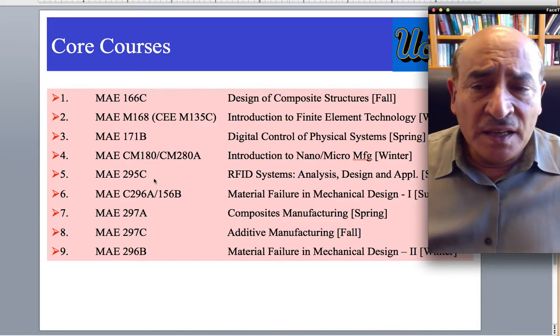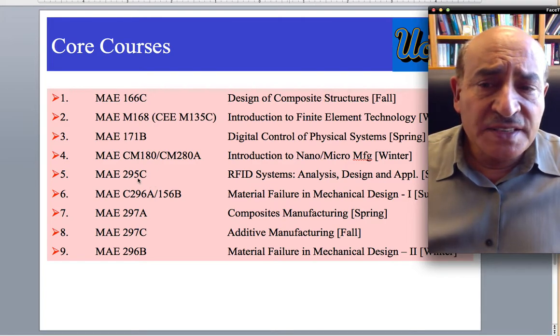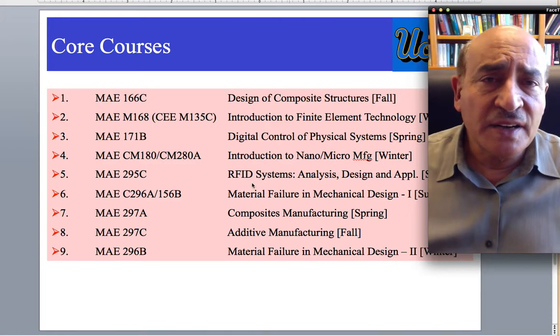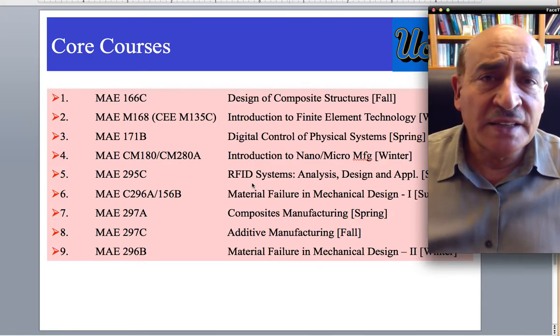We have now a course, 295C, on radio frequency identification, RFID. And that is an emerging technology where every product could have a chip, and the chip can send a wireless signal, and the wireless signal can contain any type of information on that product.